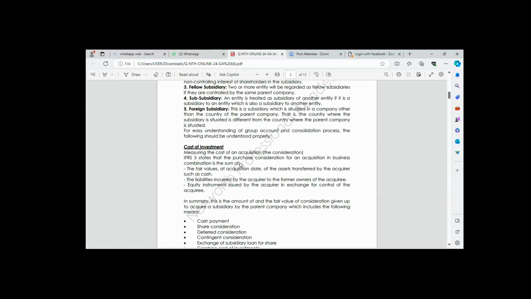In summary, this is the fair value of the consideration given up to acquire a subsidiary by the parent company, which includes the following: cash payments, share consideration, deferred consideration, contingent consideration, exchange of subsidiary loan for shares, which is the loan note, then the combination.